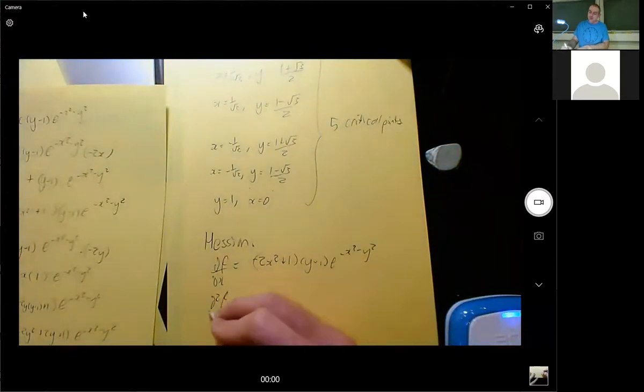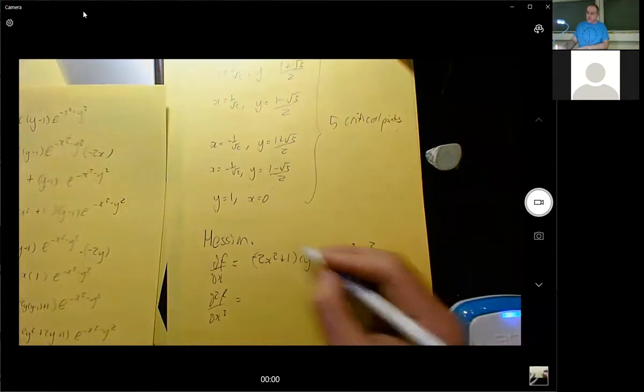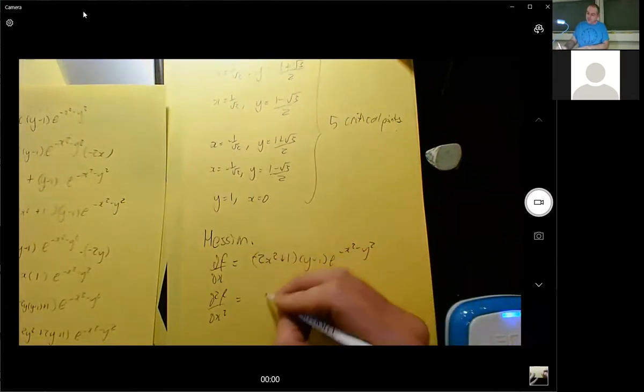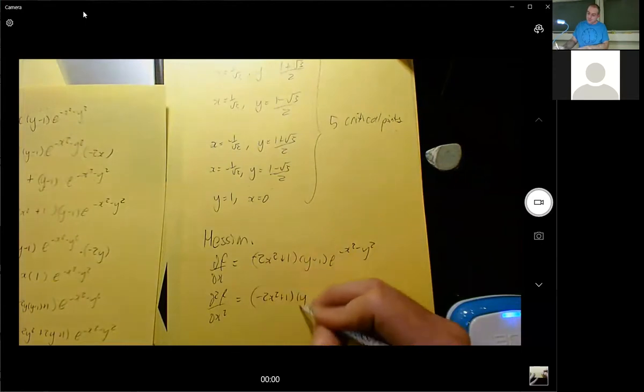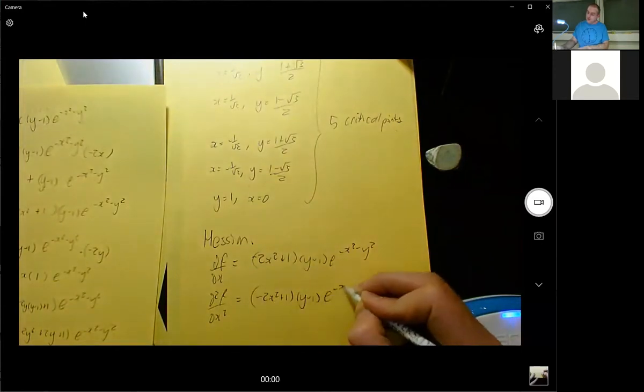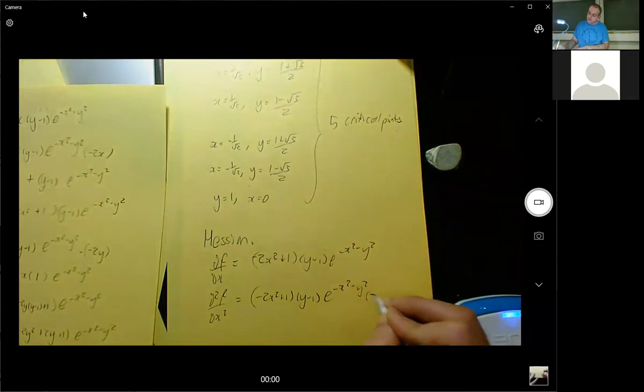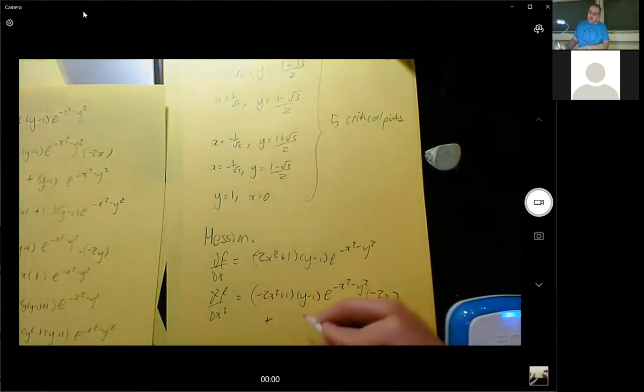So d squared f on dx squared would be product rule. I'll keep this and differentiate this. And then I'll differentiate this, so the y minus 1 will still be there because it's a constant multiplied on.